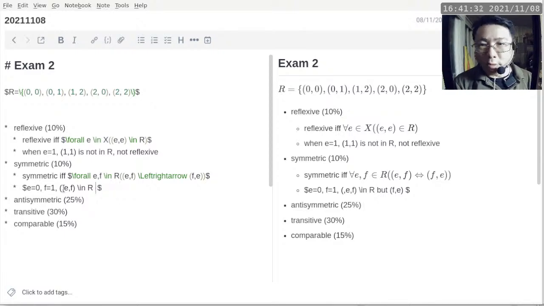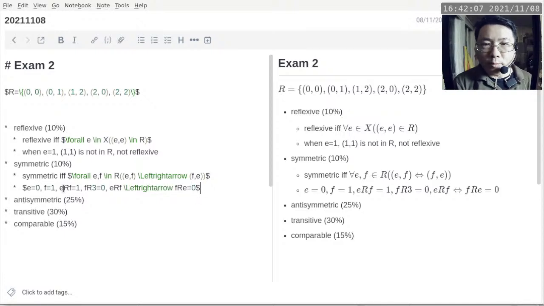Oh, I know how to do it. I'm going to use a simplified format here. So we will say ERF is true, FRE is false. So that makes ERF if and only if FRE false. There we go. So that's one way to put it.